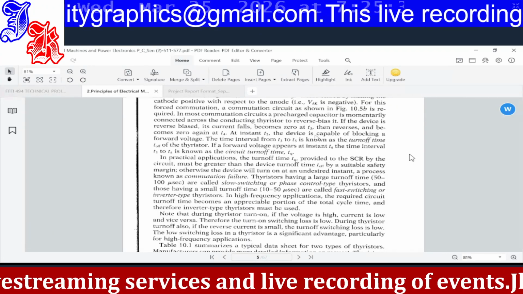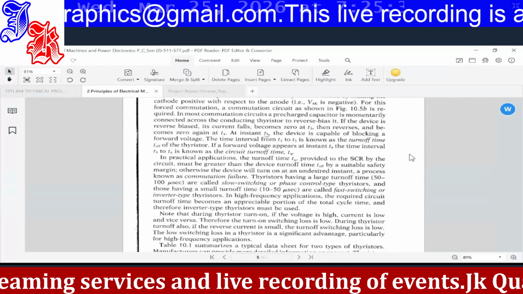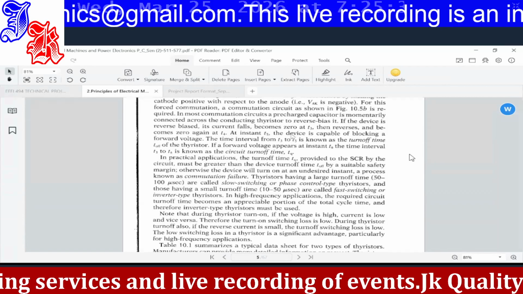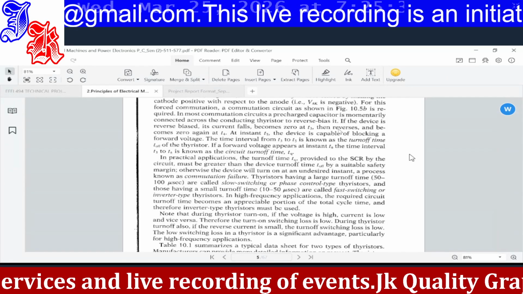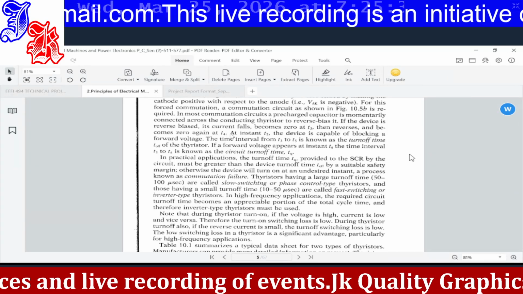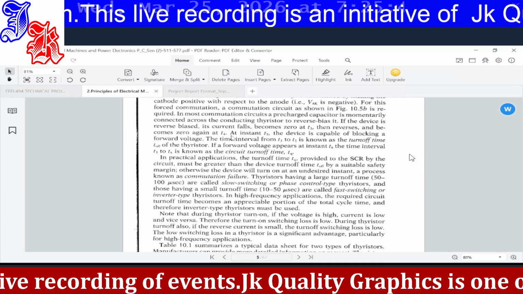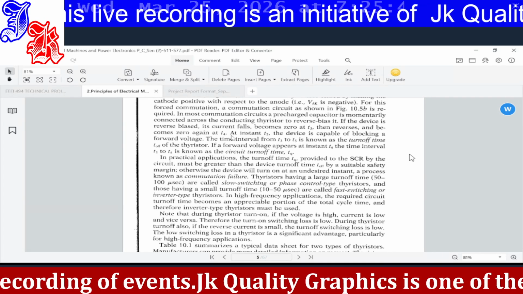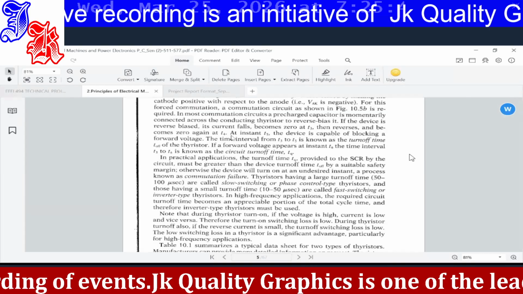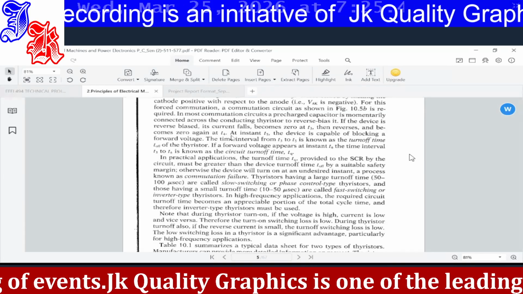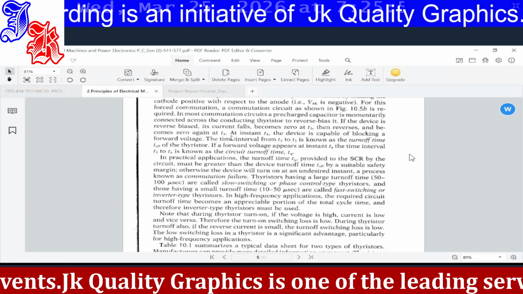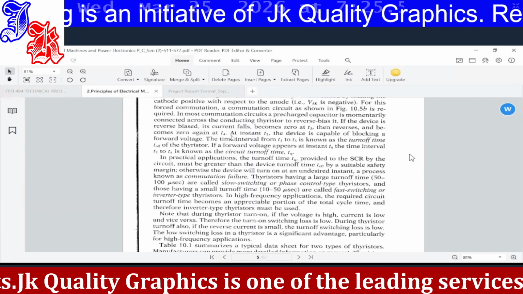At instant T5, now before, at the instance between T3 and T4, the device has not fully gained the blocking capability, and it is at that point that if you put some voltage, it will start conducting. But at instant T5, the device has gained its full blocking, capable of blocking a forward voltage.